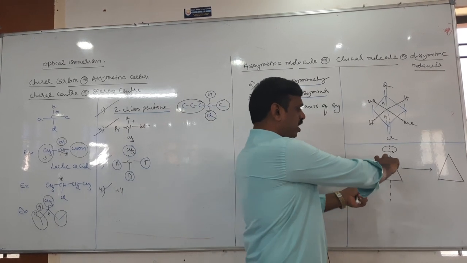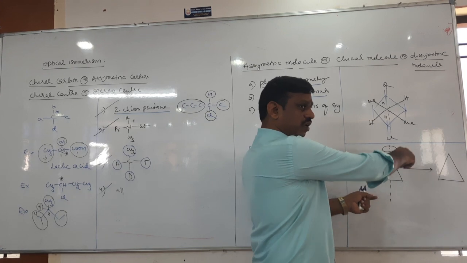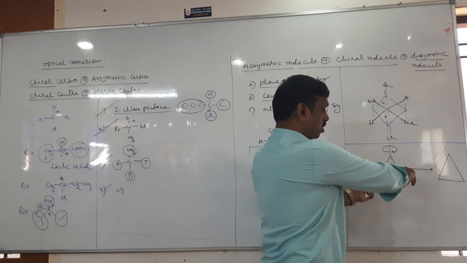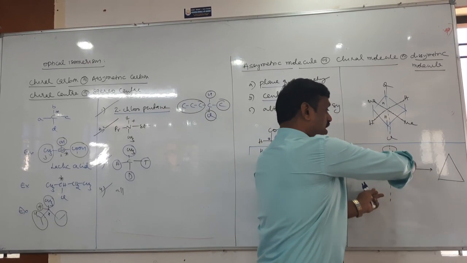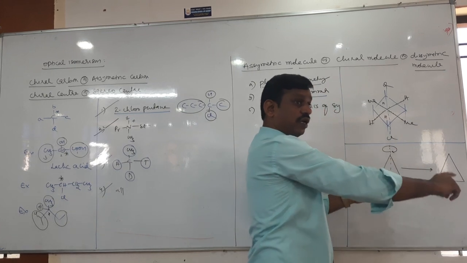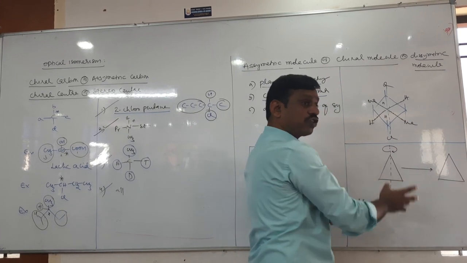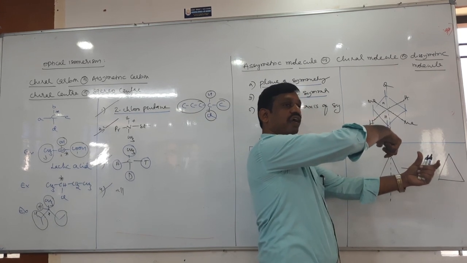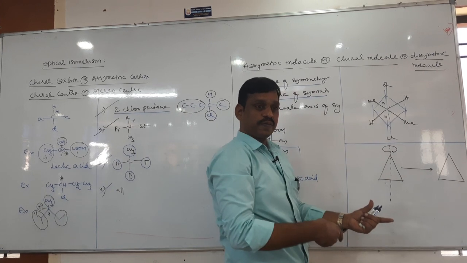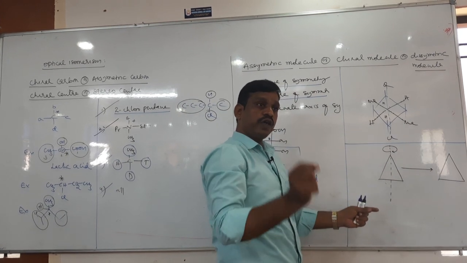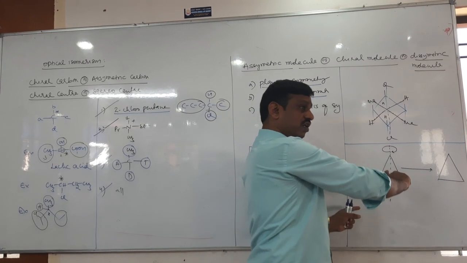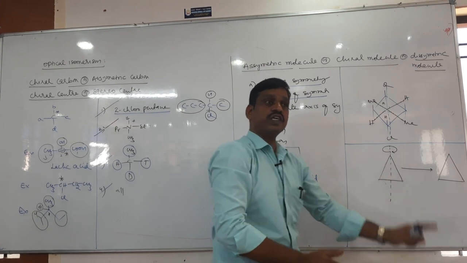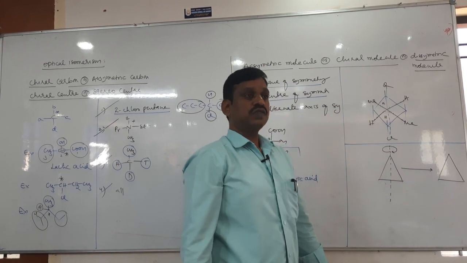See, if you rotate a triangle, cyclopropane, even by 120 degrees like this, every 120 degrees you will get the same structure, or not? Or a triangle, you rotate like this, every 180 degrees you will get the same structure, right? If the molecule is able to get the same structure on rotating not only in one direction but in many directions, then that molecule is said to have an alternating axis of symmetry.